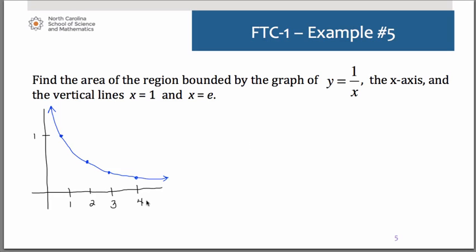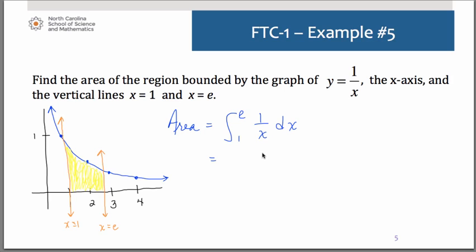The graph of 1 over x, of course, is asymptotic to the positive y-axis as well as to the positive x-axis. And we want the region between the vertical lines x equals 1 and x equals e. So you see in yellow the region of which we are finding the area. To get the area, we're going to set this up as the integral from 1 to e of 1 over x dx.